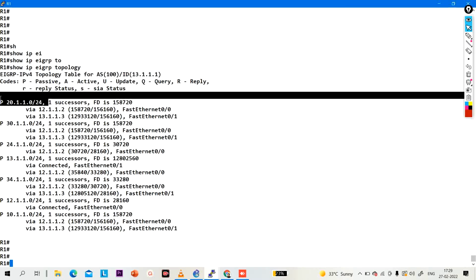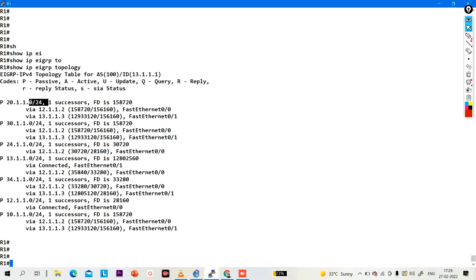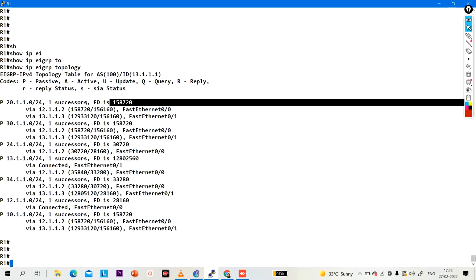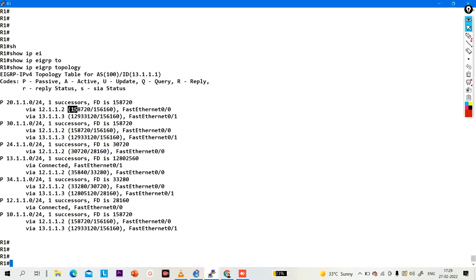Earlier for the 20 network there were 2 successors, but now there is only one, and the FD for this successor is 158720. This is the FD via R2, and this is the FD via R3, right? In the same way for the 30 network there is one successor.